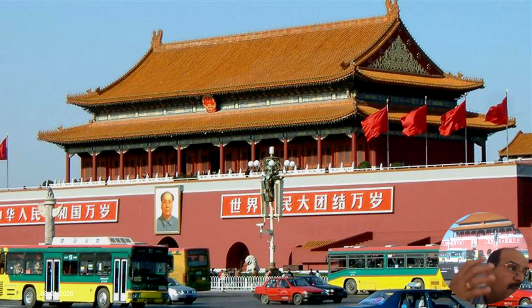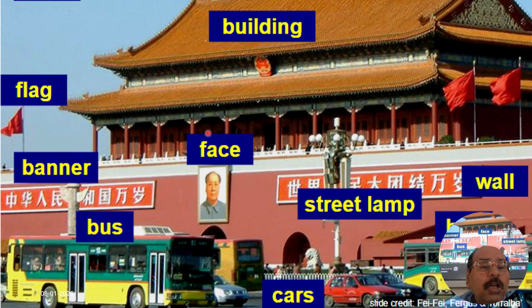This is also taken from a very world famous book on computer vision, so the credit I mentioned here. The name of the book, you can go to the website and search for it. So what we do here, we say that this is a building, this particular thing is a face, this is a street lamp, bus, banner, flag, cars, and so on.